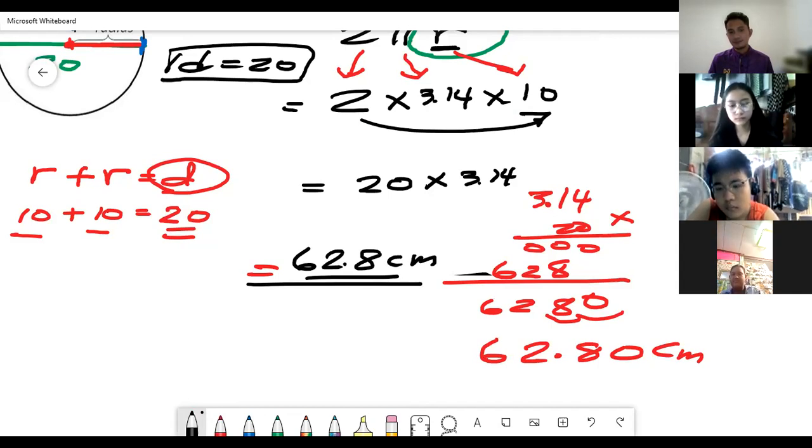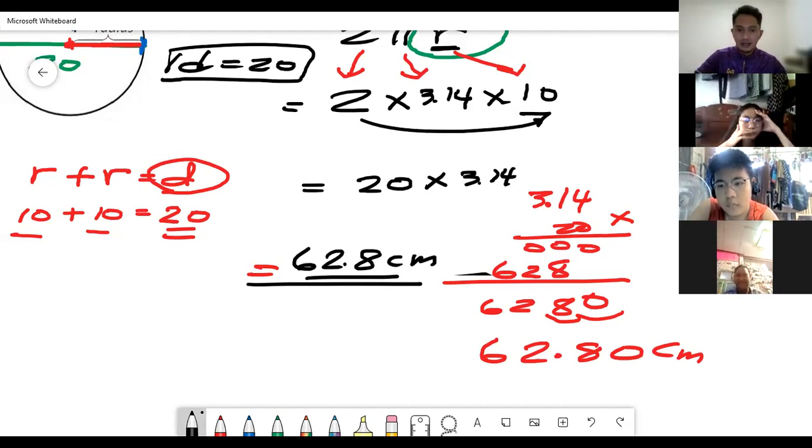Teacher, question. Why use 3.14? Why 3.14 and 22/7? Read example 2. Example 2 said to take pi equal to 3.14.